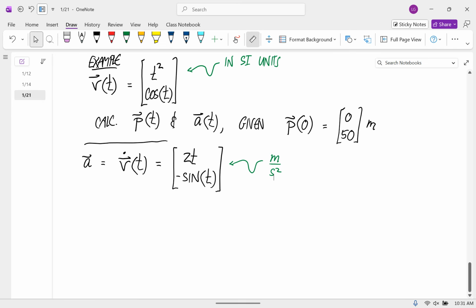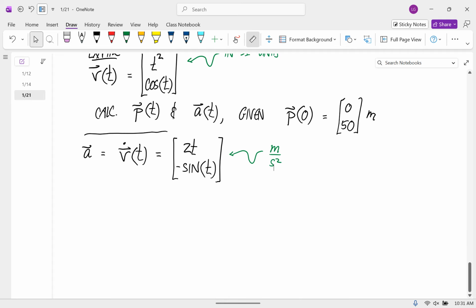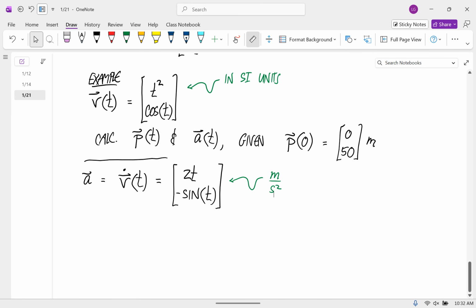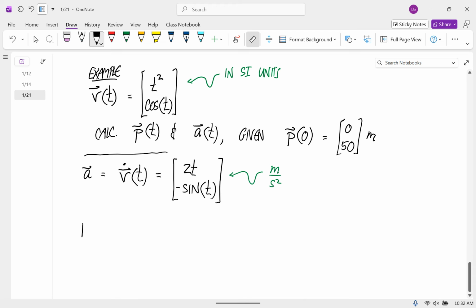And now the second way, so I'm going to break this up. We have that p dot is equal to t squared cosine of t.